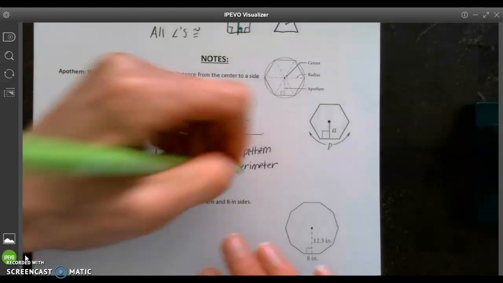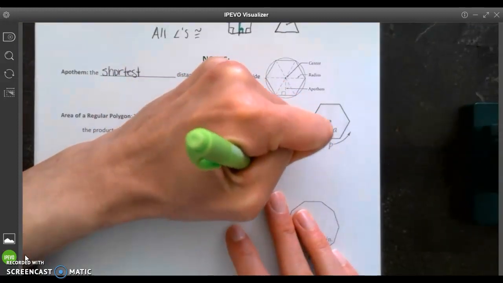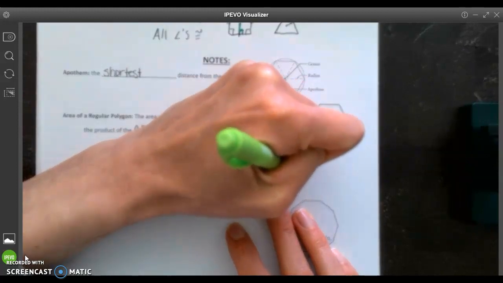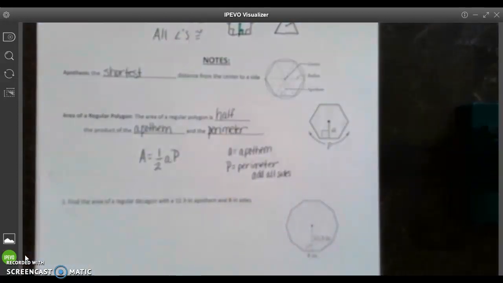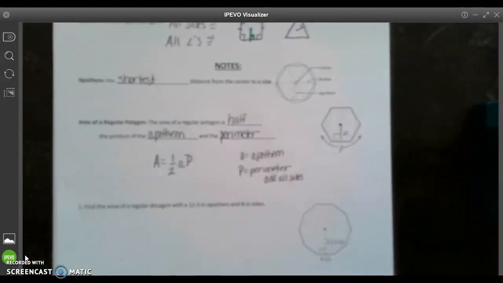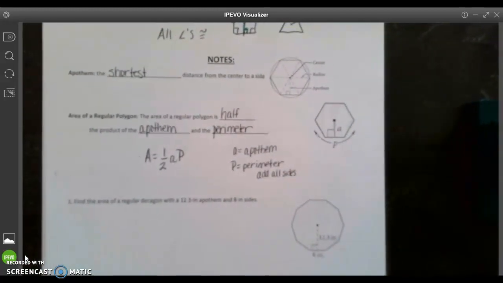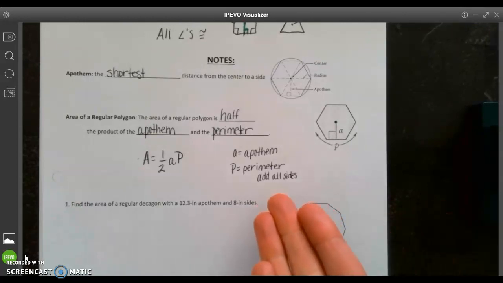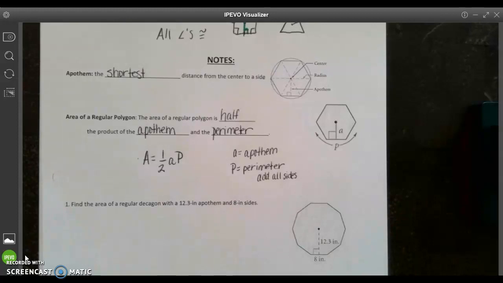And remember, to find perimeter, we add all sides, but we'll have a nice shortcut that we'll use for some of our figures to kind of make that perimeter a little bit easier to find.